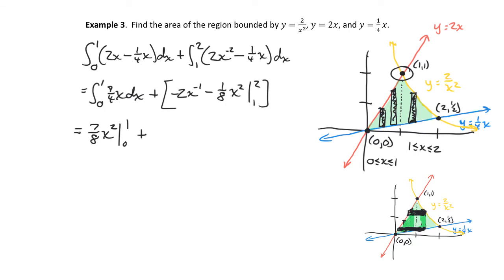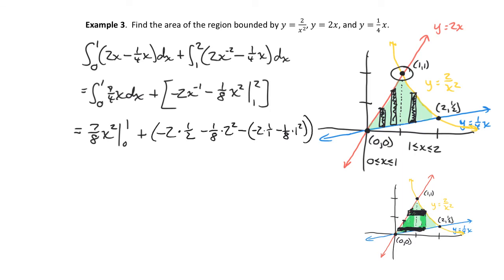And now we'll evaluate the stuff on the inside. It's going to become, let's see, negative 2x to the negative 1 is like 1 over x, so that's times 1 over 2, minus 1/8 of 2 squared. And then we have to subtract the whole quantity. When I put 1 in, I'll have negative 2 times 1 to the negative 1, which is 1 over 1, minus 1/8 of 1 squared.